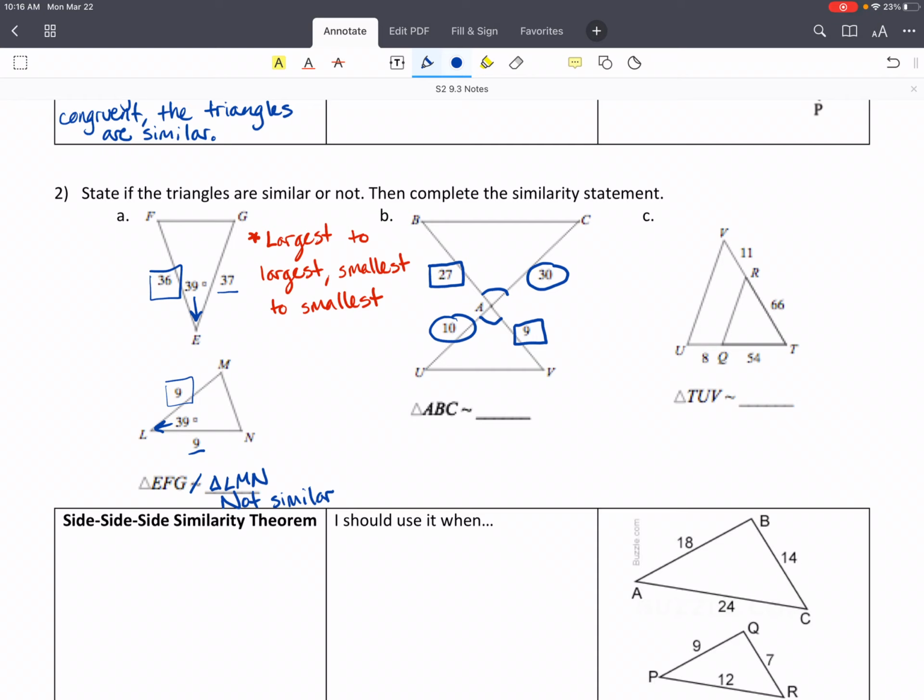And I can see that there is a scale factor of 1/3 from top to bottom, or of 3 going from bottom to top. And so a way I could show my work on this, I can either draw the arrows and say it's times 3, or I can do 27 over 9 equals 30 over 10. 3 equals 3. So we're good there. So these triangles are similar.